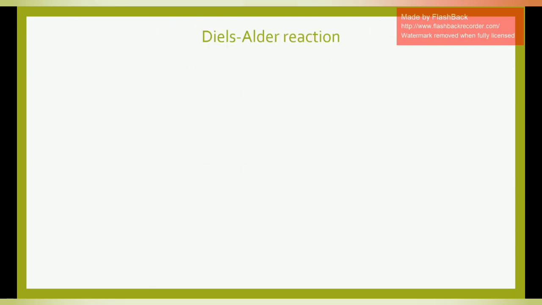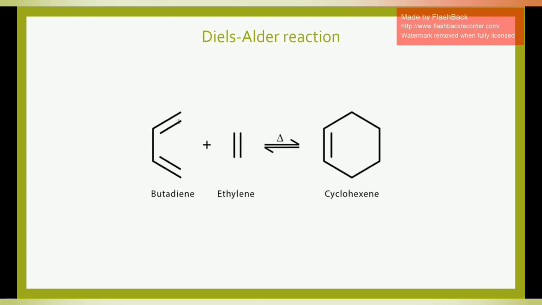Now we will discuss the Diels-Alder reaction, which is a type of 4+2 cycloaddition reaction. In this reaction, we have a 1,3-diene reacting with an alkene known as a dienophile to form a cyclohexene product, also known as an adduct product.